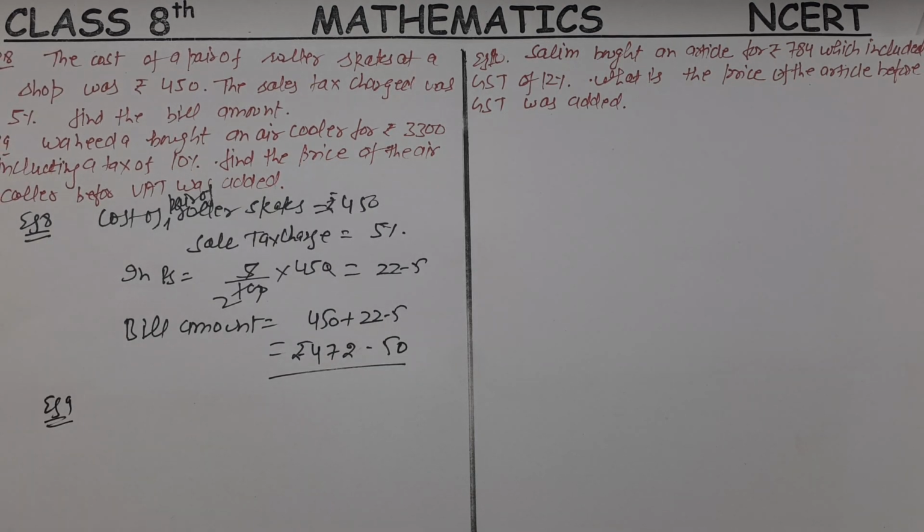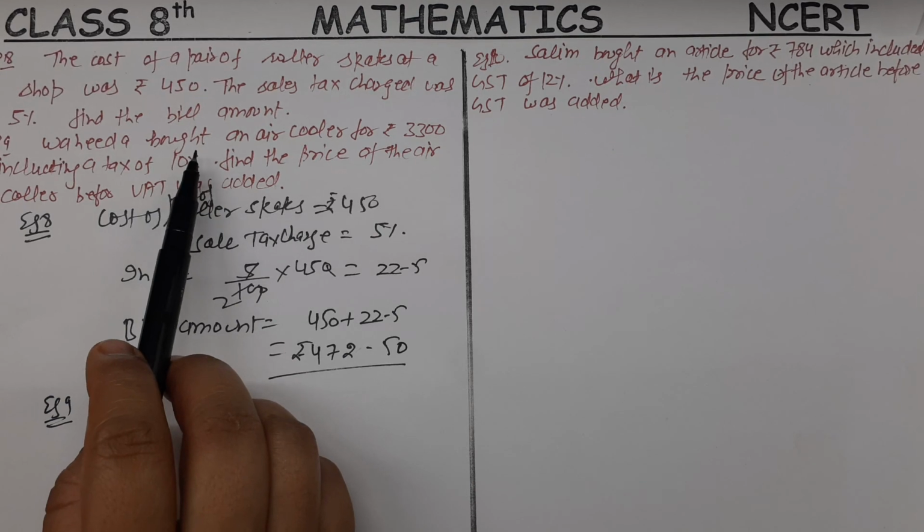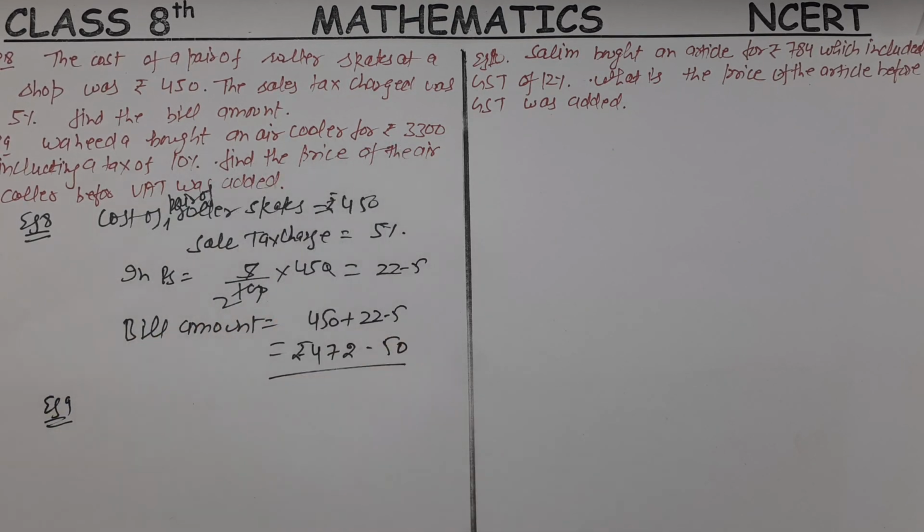Example 9. Wahida bought an air cooler for rupees 3300, including a tax of 10%. Find the price of the air cooler before VAT was added.